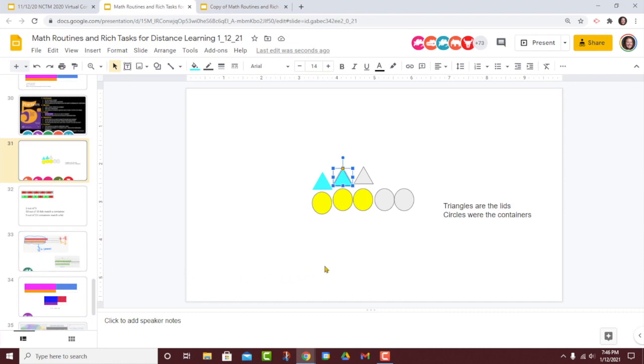So I would continue to add triangles in the same ratio. So just add an extra blue triangle, because I feel like it? Yep.